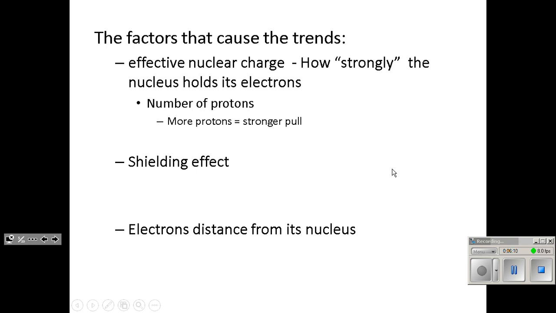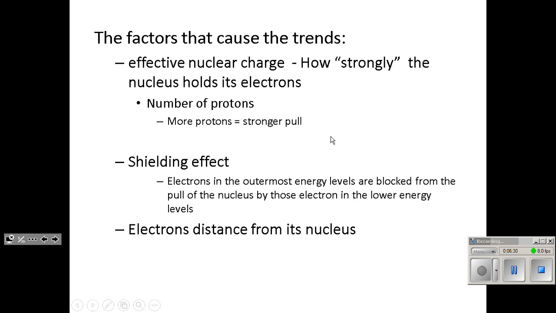So you've got all these electrons at energy level 1 and 2 and 3 and 4 blocking those outer electrons from being attracted to the nucleus. So the greater the energy levels, the more shielding effect there is. Those electrons closer to the nucleus are blocking the effect of the nucleus on the electrons farther away.